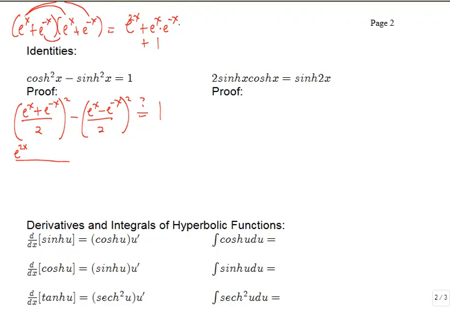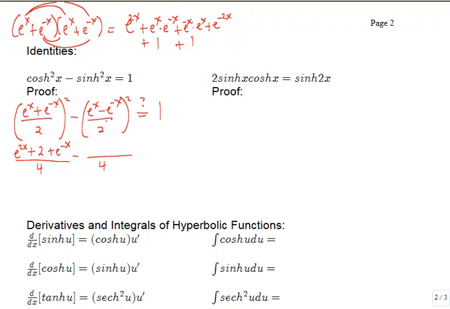And we're going to get another one of those from this other middle term, so we're going to get a plus 2 in the middle. And then we're going to get an e to the negative x times an e to the negative x, which is an e to the negative 2x. So that would be the term on the end. And the 2 squared on the bottom becomes a 4. So that's all of this squared out.